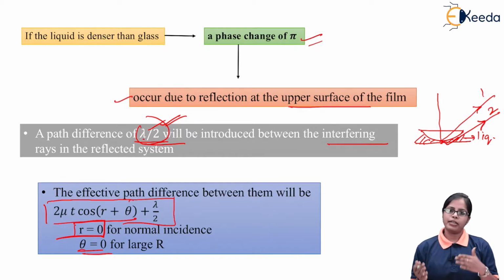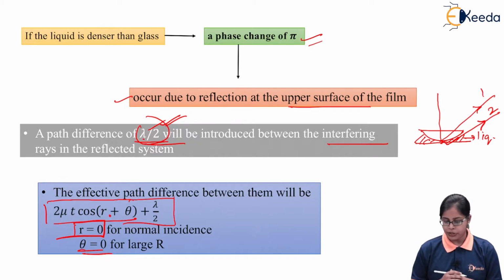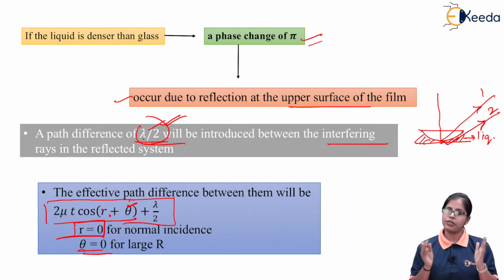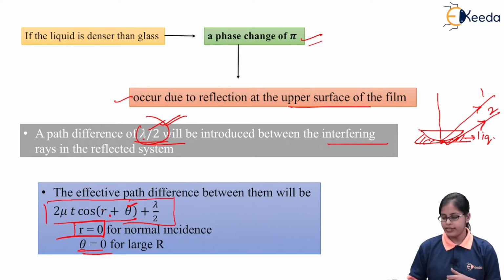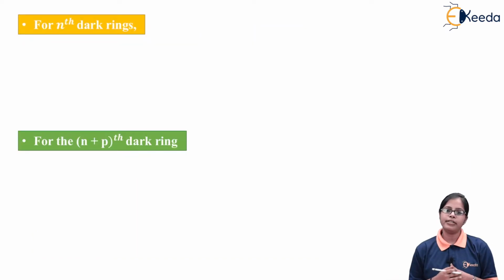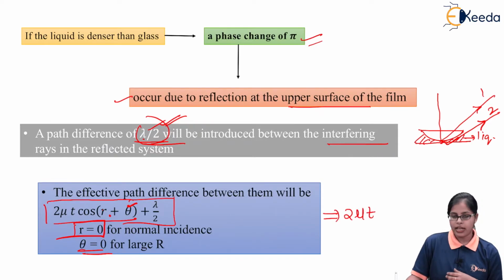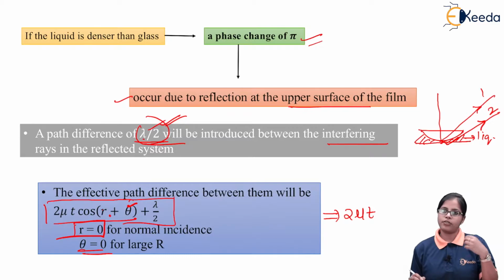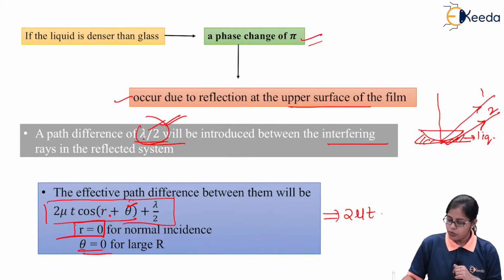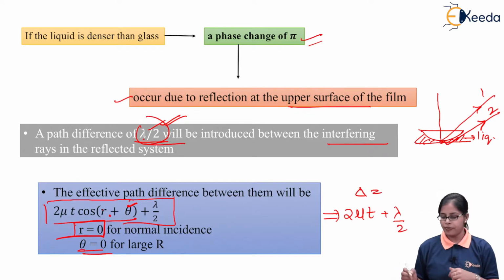If we apply these two conditions in the above equation, r is 0 and theta is 0, so we get cos 0, which is 1. So the path difference is 2 mu t plus lambda by 2. This is the effective path difference between the two interfering rays in the reflected system.